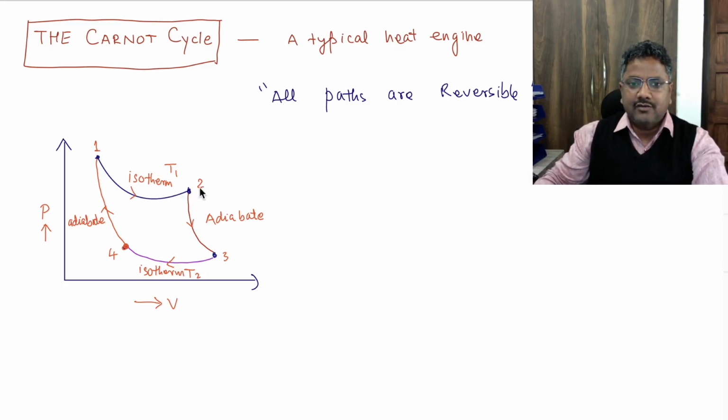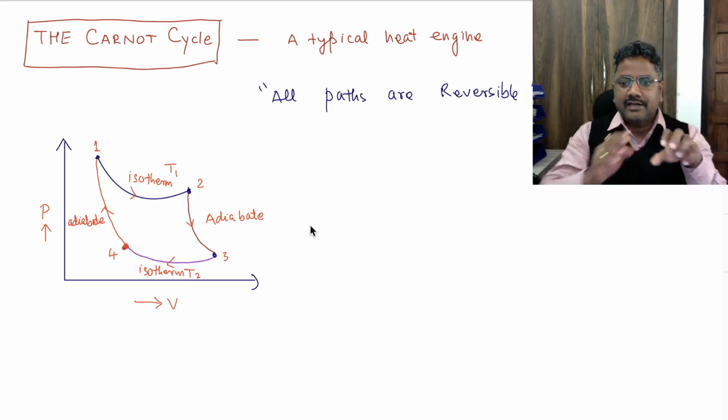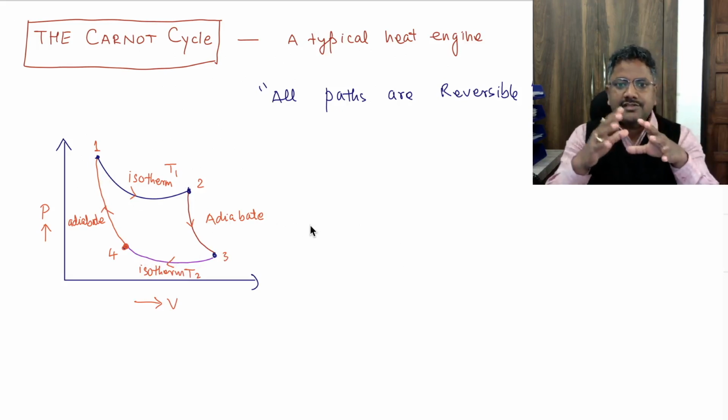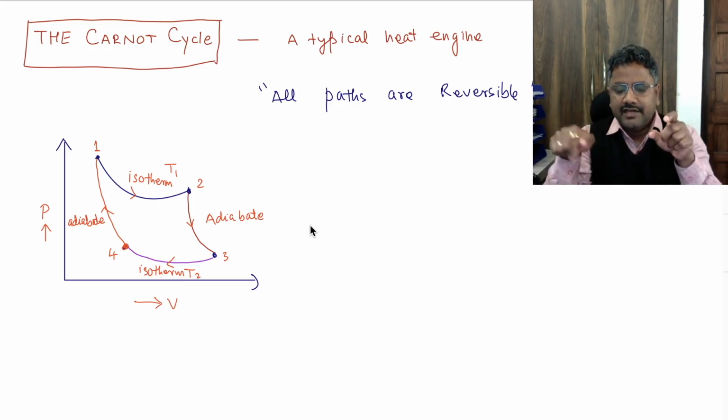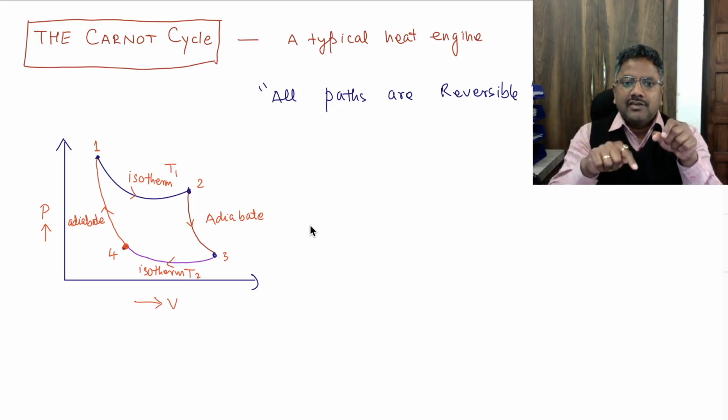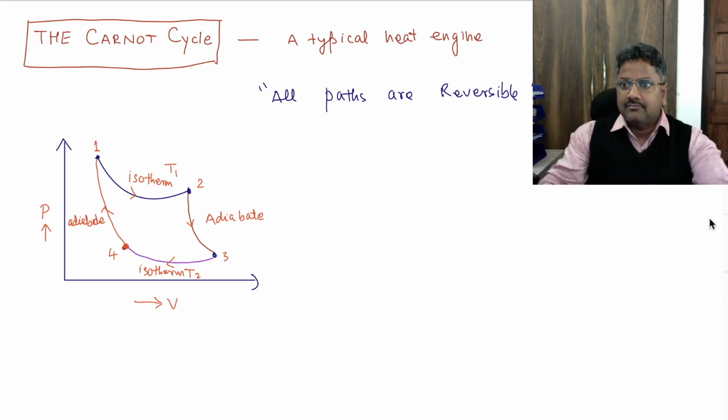Then 2 to 3 is adiabatic expansion. 3 to 4 is isothermal at a different temperature. This is at T1, this is at T2, and then this is adiabatic compression. So this cycle is basically composed of 4 steps: isothermal expansion, adiabatic expansion, isothermal compression, and finally adiabatic compression.